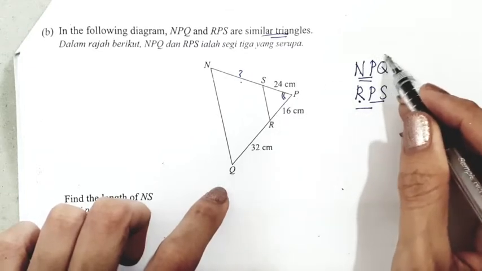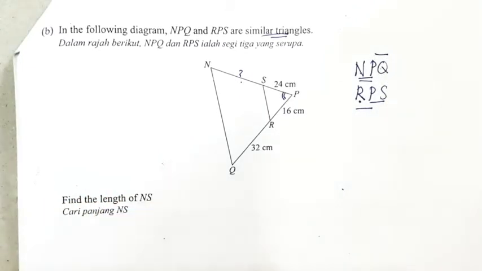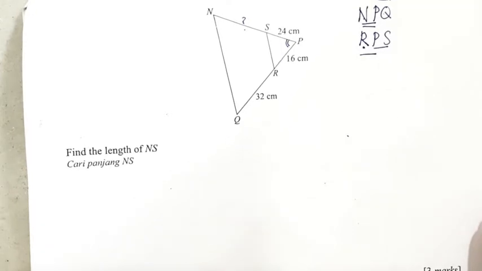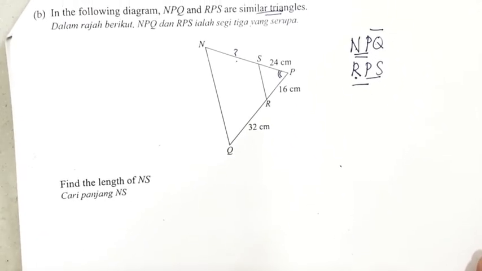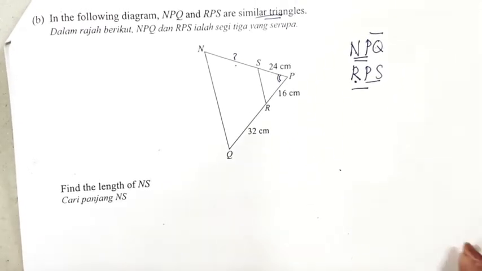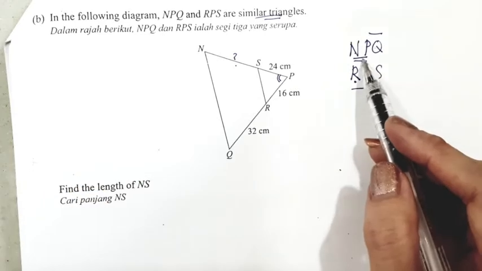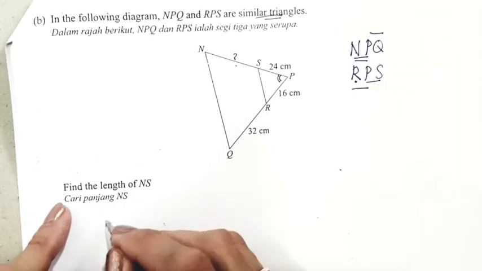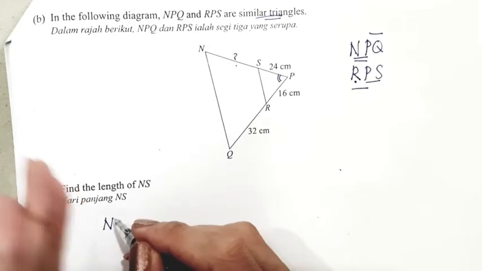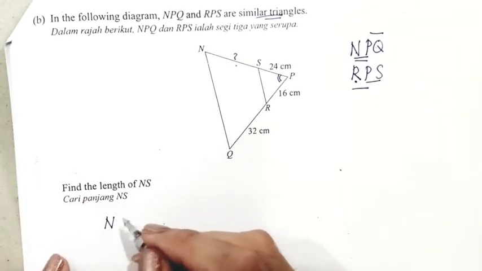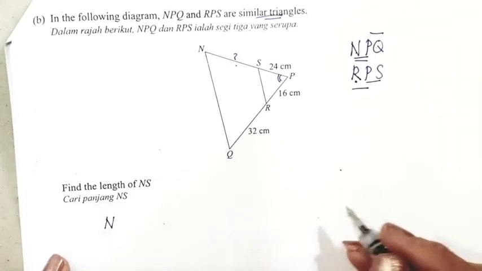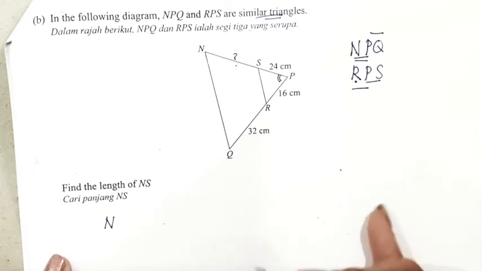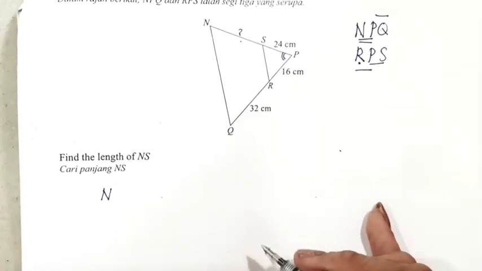Oh, this one we have. So use all these and we make a similarity equation. So how? So this is the unknown, right? So NP put on top. So therefore, NP always write towards the left side. Yeah? So we will have more space if we need to show a longer working.